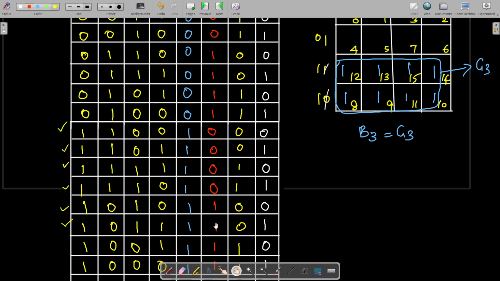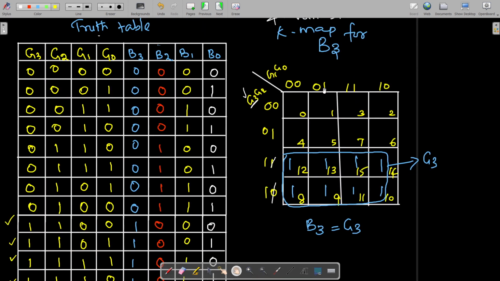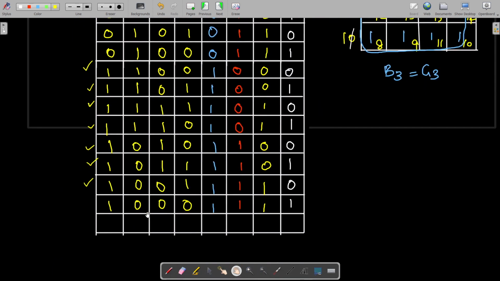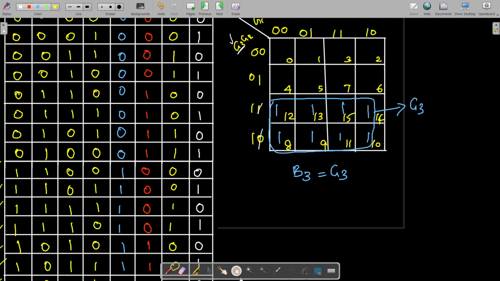For this 11, we place a 1. Then the next combination, for this one, it is 1001. We know it is 9, isn't it? 1001 means 9. So place a 1 here. Then the last one corresponds to 8. 1000, so it is the value 8.